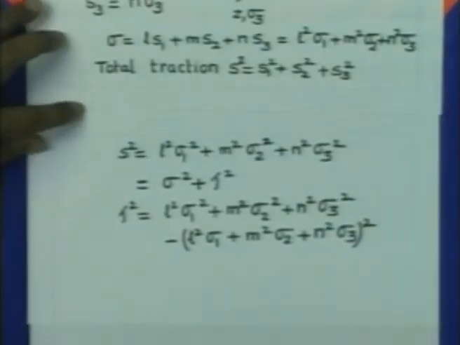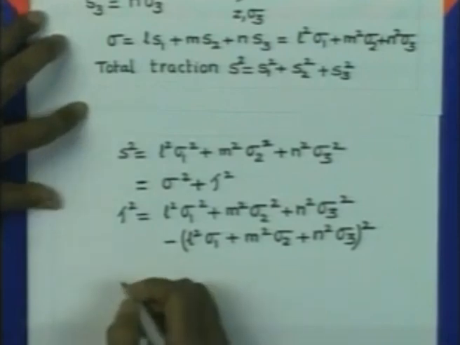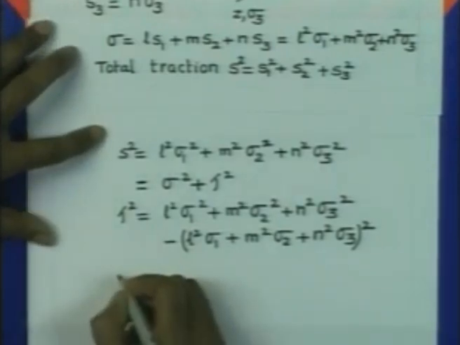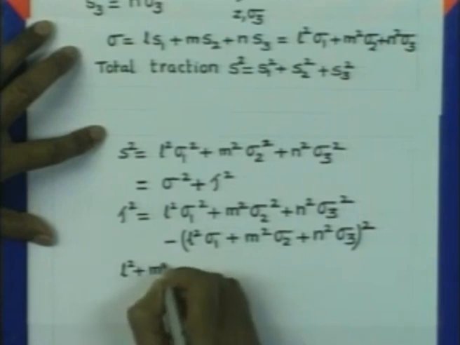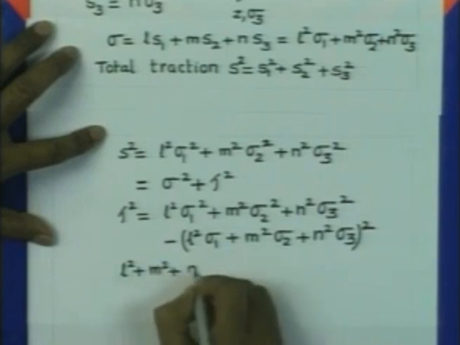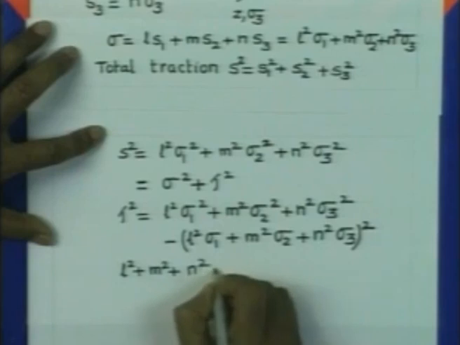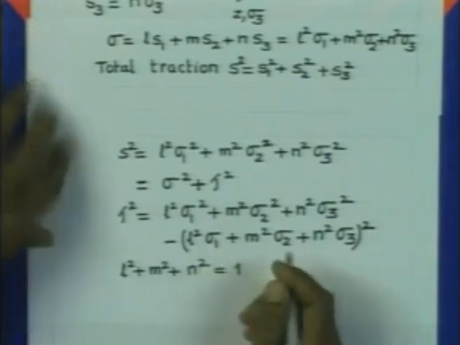Now, we also have the relationship that the sum of the squares of the 3 direction cosines, l square plus m square plus n square, equals 1.